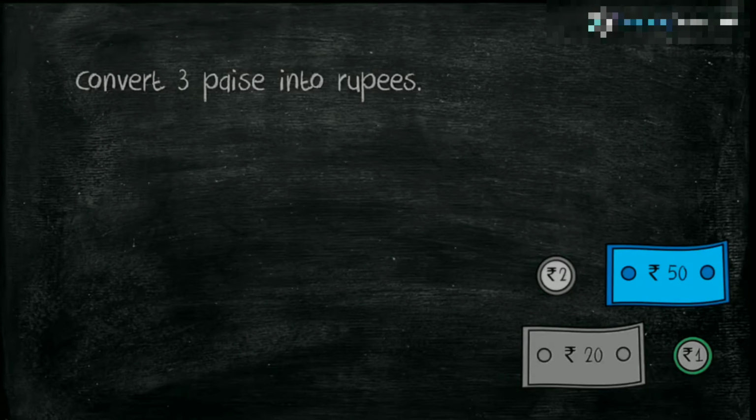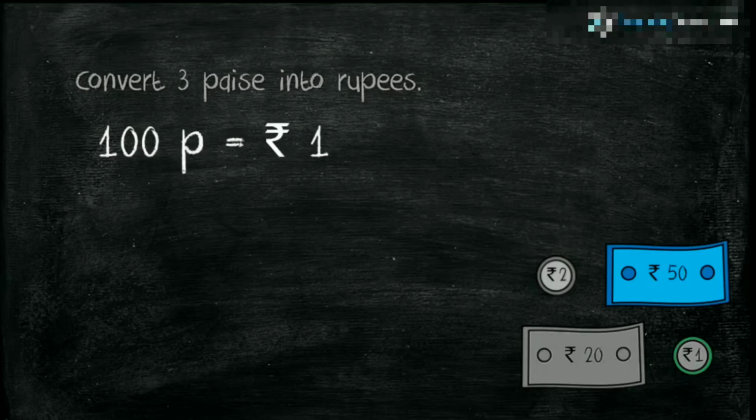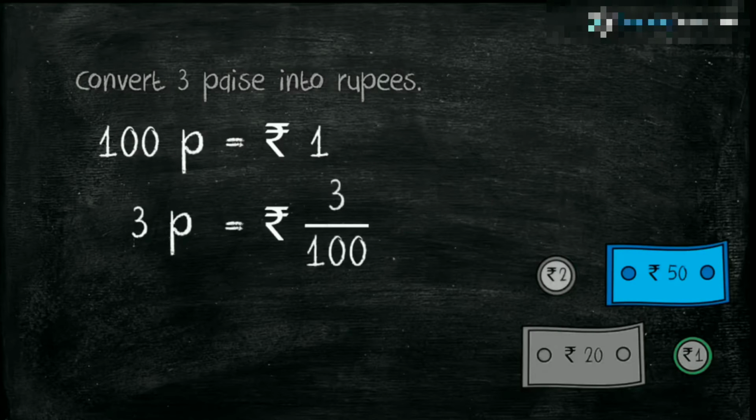Let's solve the next question. Convert 3 paise into rupees. Students, 100 paise equals 1 rupee. So 3 paise equals 3 upon 100 rupees, which equals 0.03 rupees.